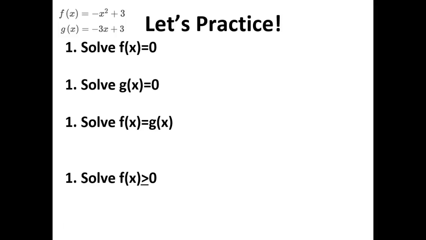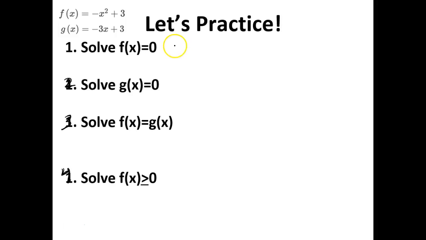So taking two different functions, negative x squared plus 3 and negative 3x plus 3, we're going to do a bunch of different things with those functions. This should really be question 1, question 2, question 3, and question 4. Solve for f of x equal to 0.